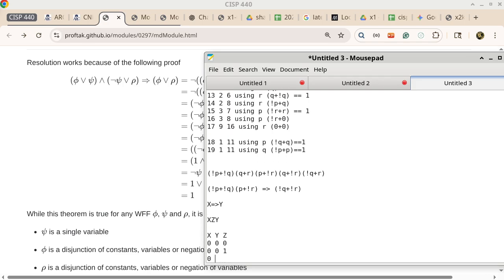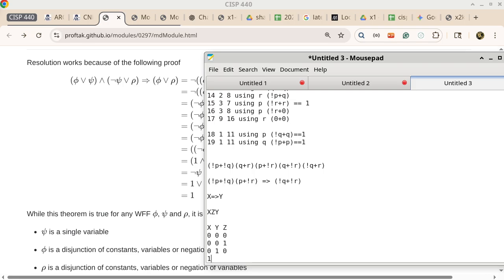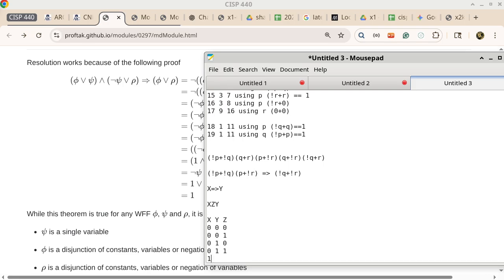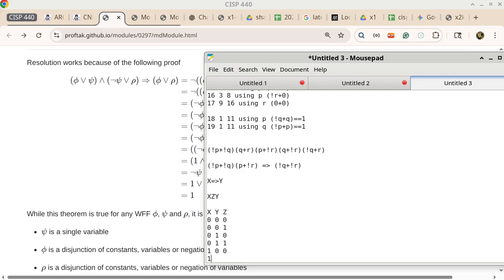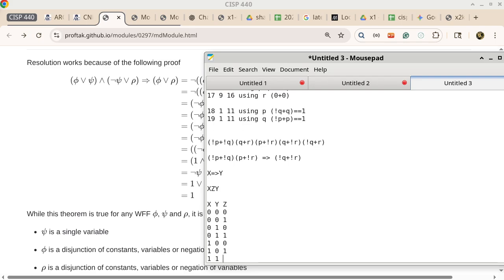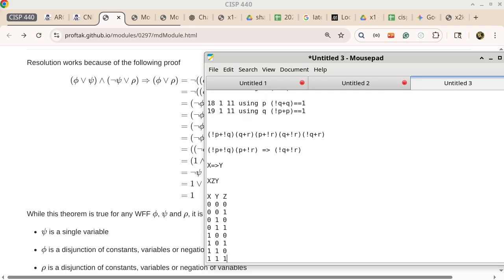It will be something like this. Those are quote unquote independent, right? But they're not truly independent because we already know that X implies Y. That has to be true.